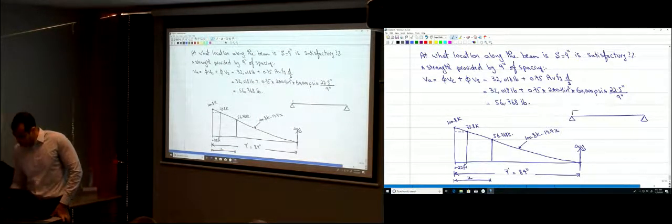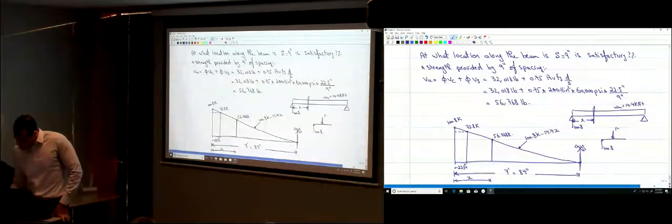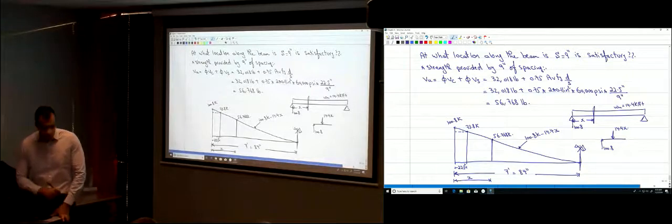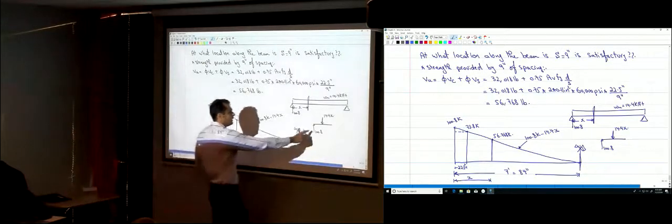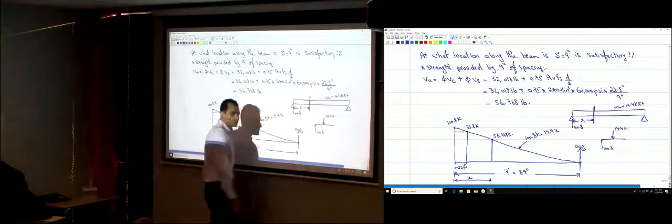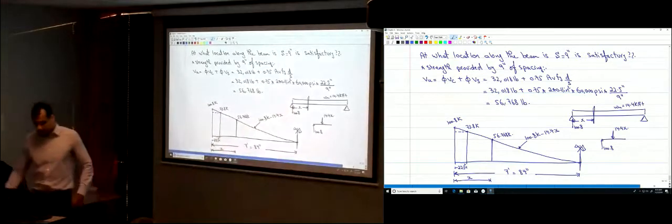You have a beam like this, the reaction here is 100.8. You take a section here at the distance x, the uniform load W ultimate is 14.4 K per foot, so you have 100.8 and this load is 14.4x, so the shear at any point is 100.8 minus 14.4x.